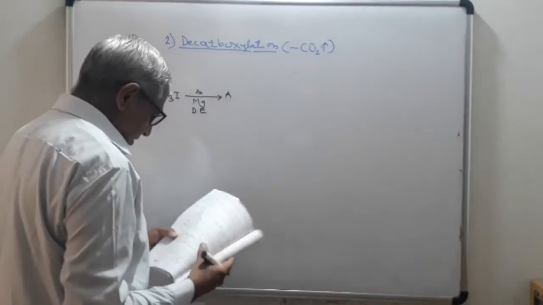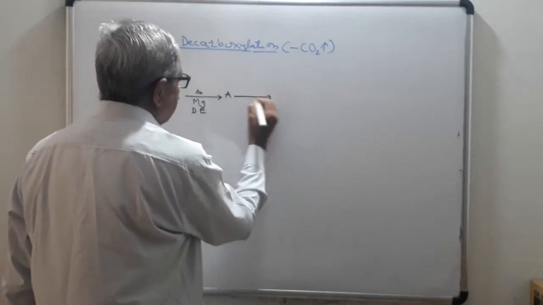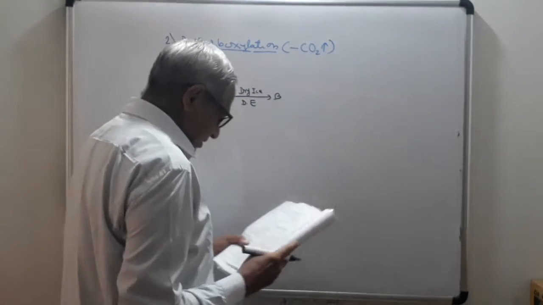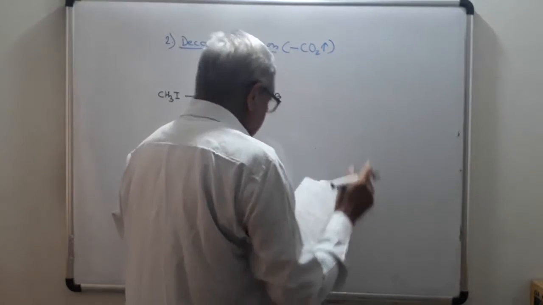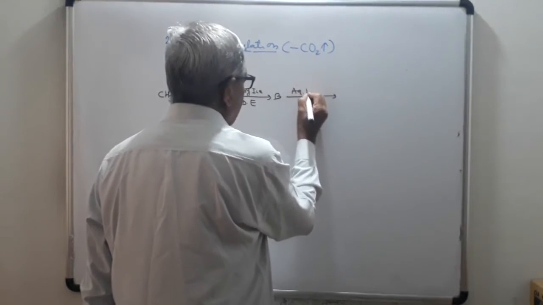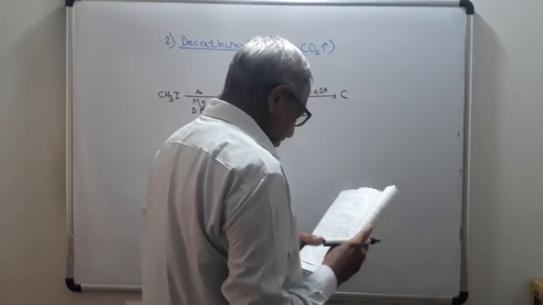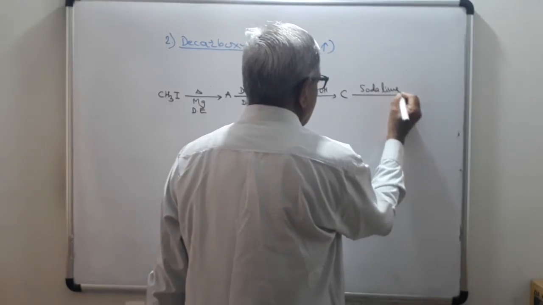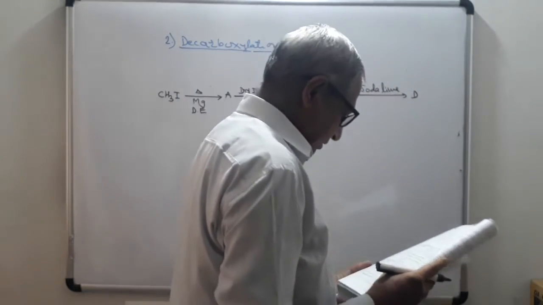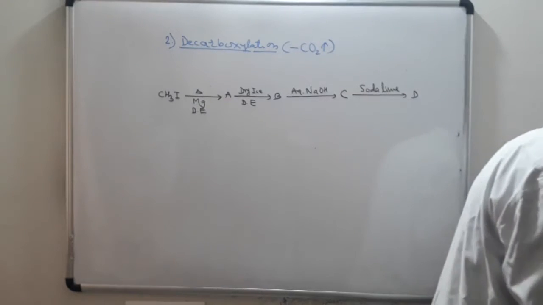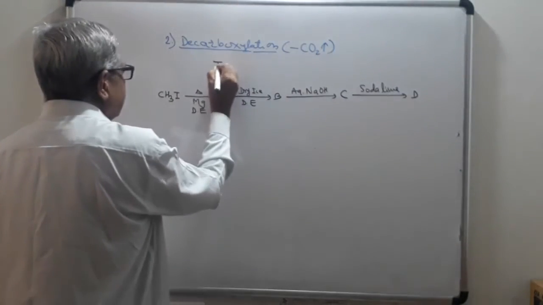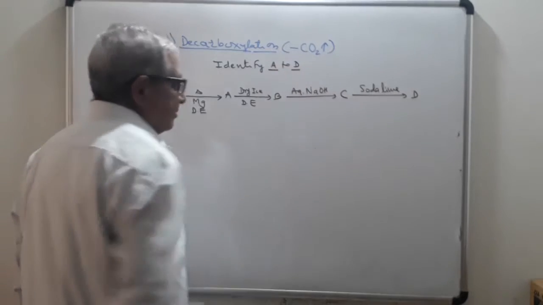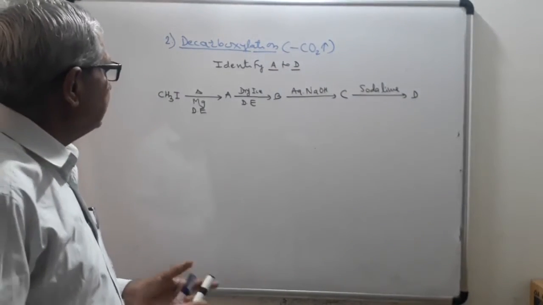You will get A. Then A is treated with dry ice in the presence of dry ether, and you will get B. Then B is treated with aqueous NaOH, and you will get C. Then C is treated with soda lime, and you will get D. The question is: identify A to D. I will give you 2 minutes to solve the question A to D.